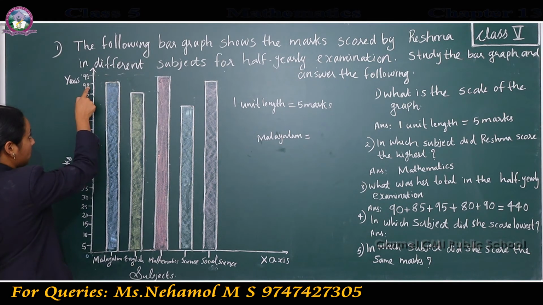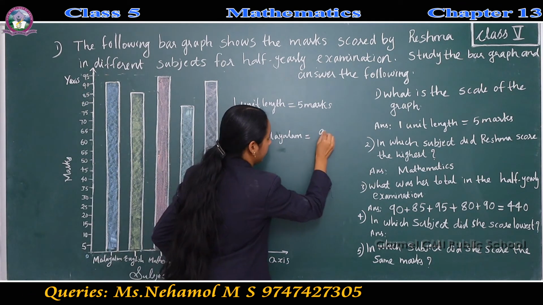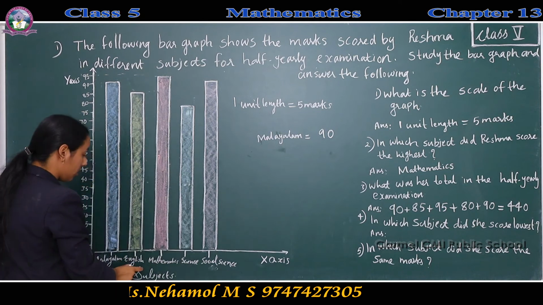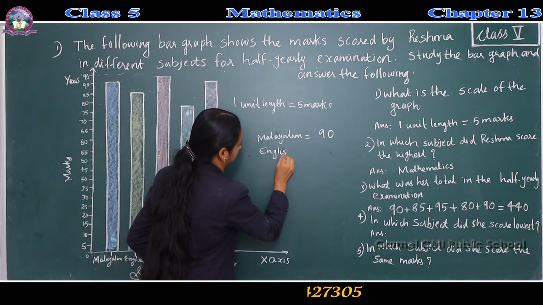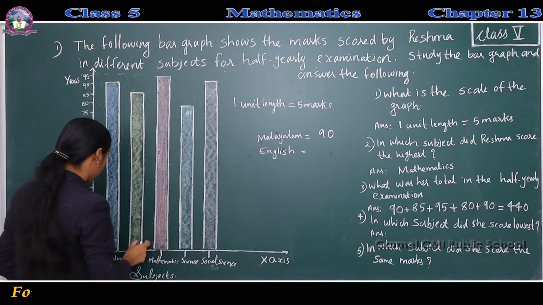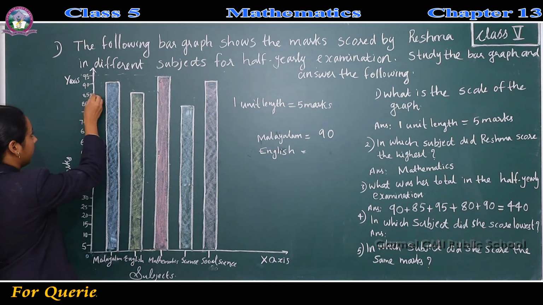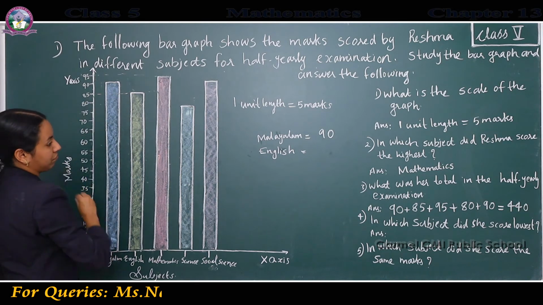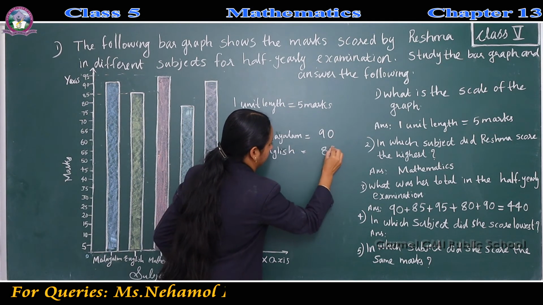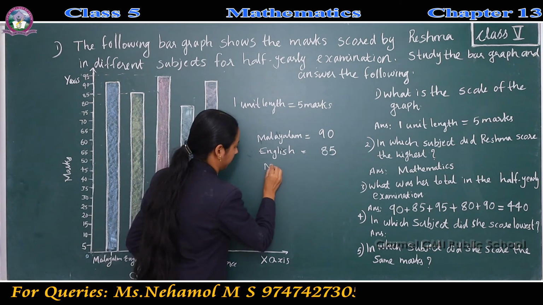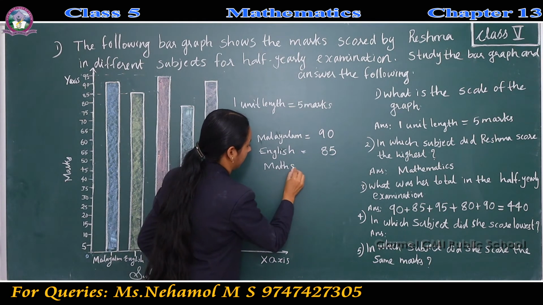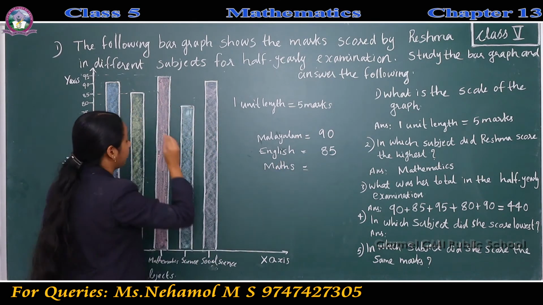This bar is against 90, so 90 marks. Next subject English. How many marks for English? 85. Next subject Maths. For Maths 95.